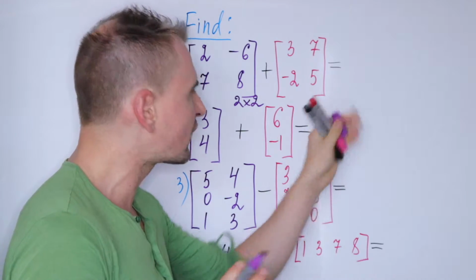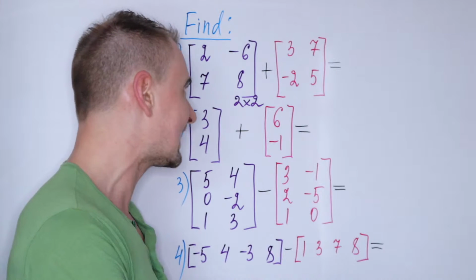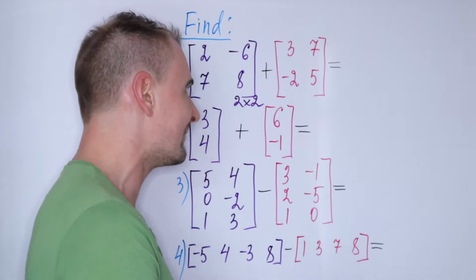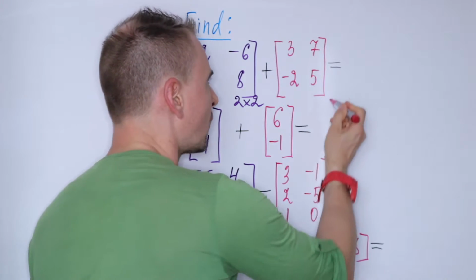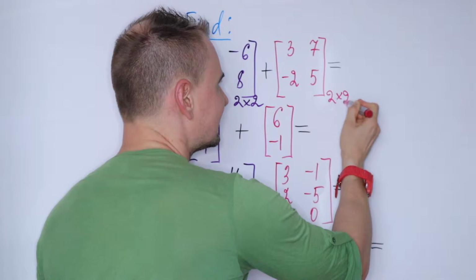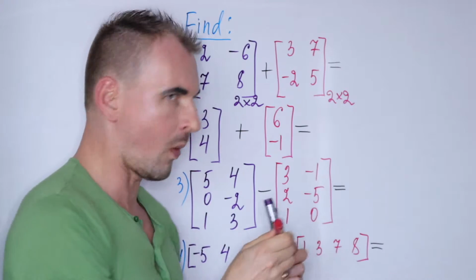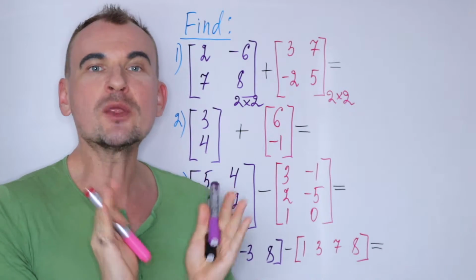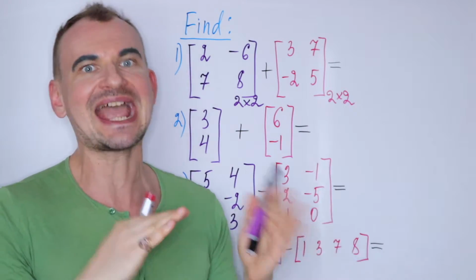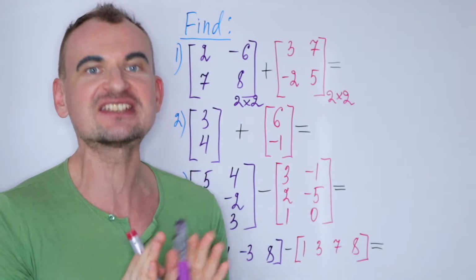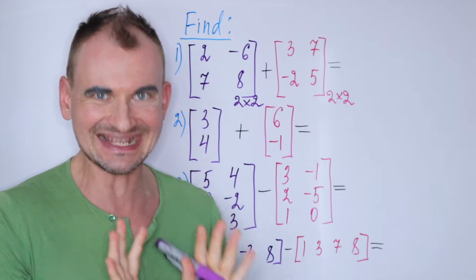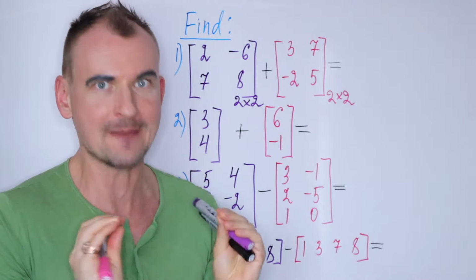The same goes for the second matrix. So the second matrix has the same order, which is 2 by 2, since it has 2 rows and 2 columns. Now you can only add or subtract two matrices if they have precisely the same order.